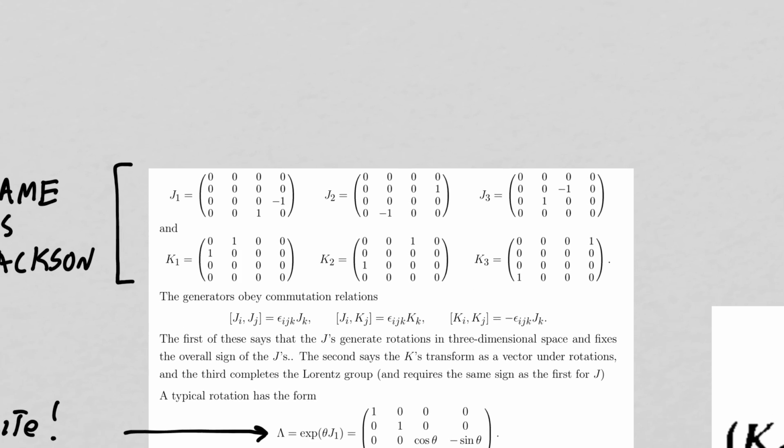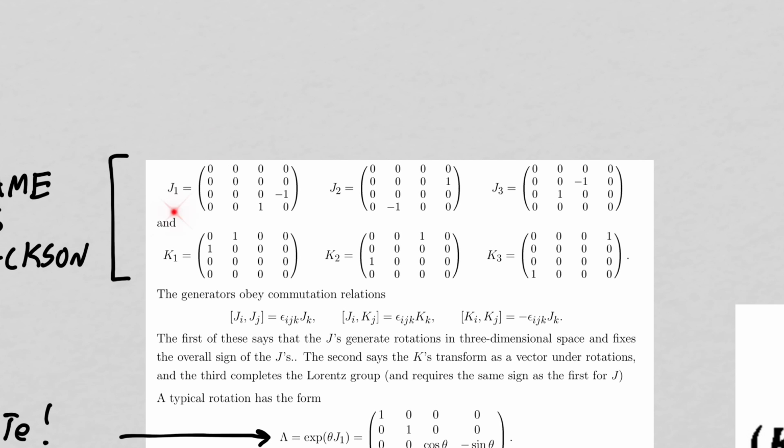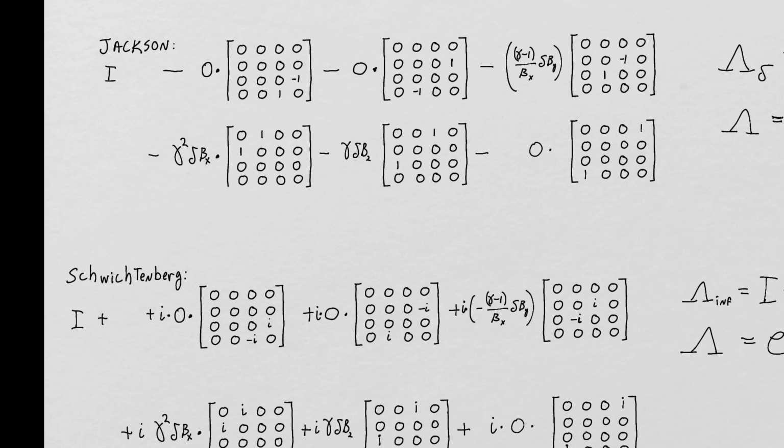So with this Jackson convention for the generators, what do we get? We get the identity matrix minus 0 times a rotation around x, 0 times a rotation around y, and this infinitesimal quantity, rotation around z, and then this little infinitesimal boost in the x, and this little infinitesimal boost in the y.